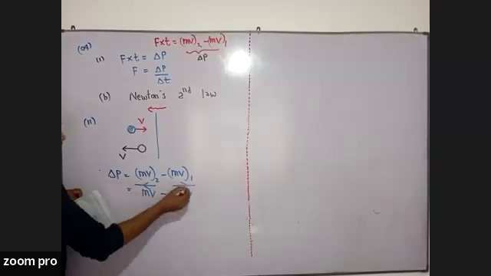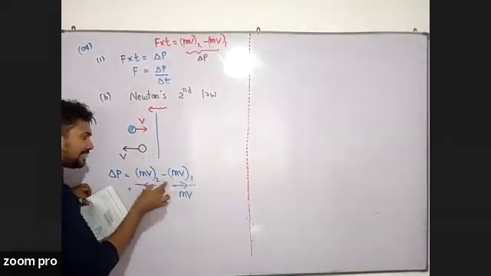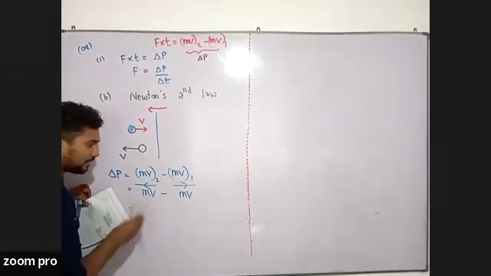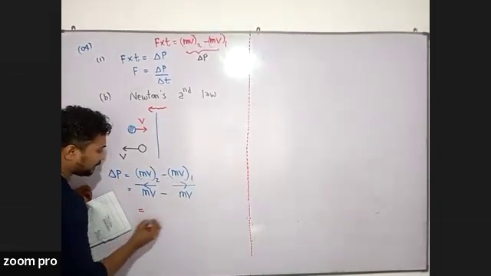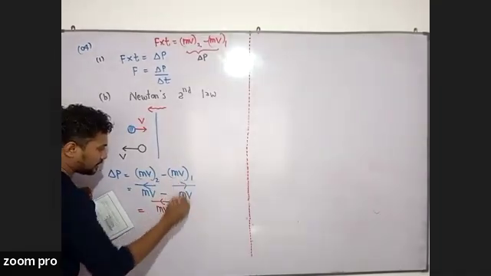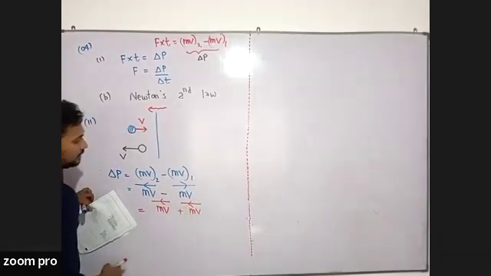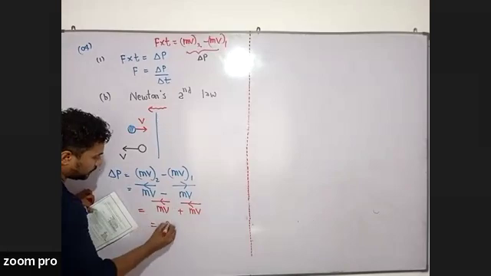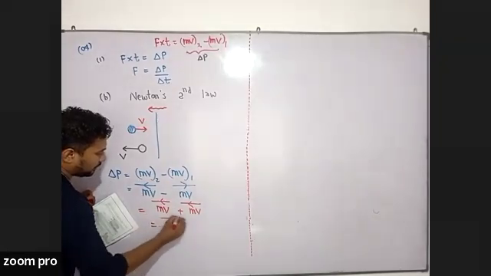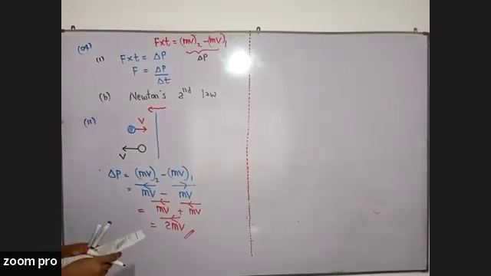Here the arrows point in opposite directions, so we have to convert both arrows into the same direction to make the simplification. That's why I'm changing the direction of this arrow. Ultimately, the sign converts into positive. So the total momentum difference should be 2mv.